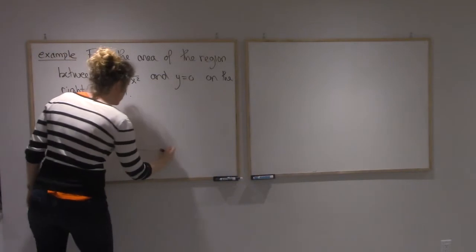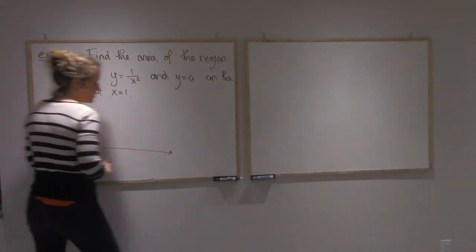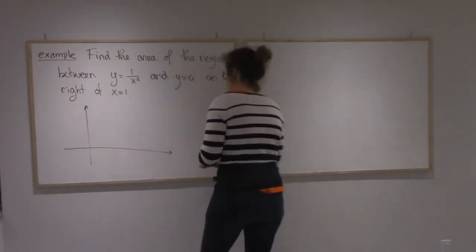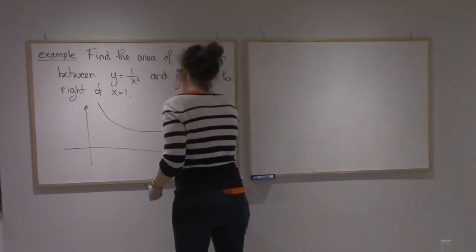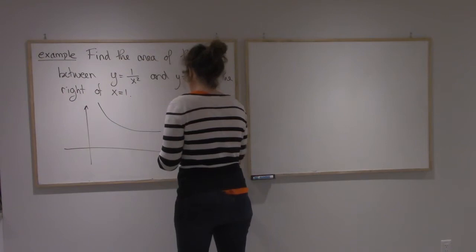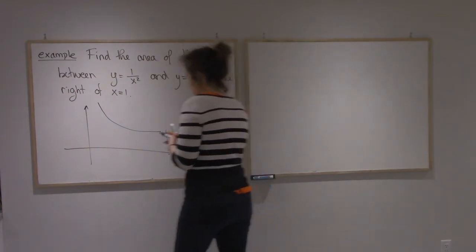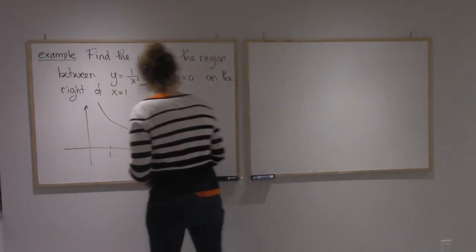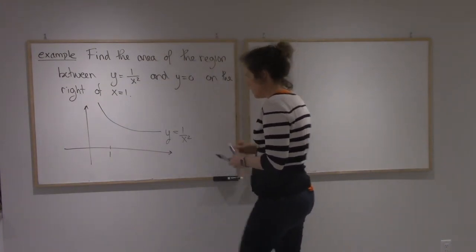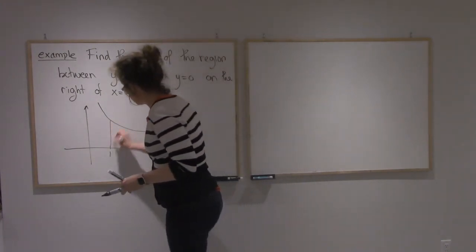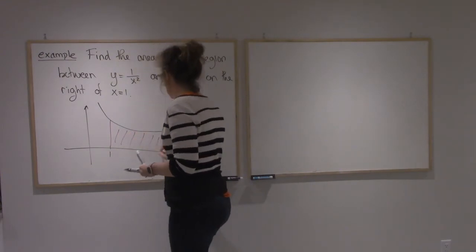Alright, so this region looks like this. I have y equals 1 over x squared, I have x equals 1 right here, and I'm looking at the region between the axis and this right here.